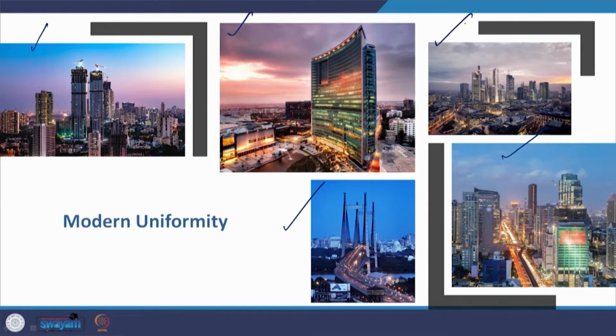If I were to switch the terminology and tell you that this is, let's say, Mumbai, from a different angle, it may not have been so easy for you to identify that. One of the ways I would identify this picture is because I know this building. This is the Commerzbank by Norman Foster, and so I know I am looking at a picture of Frankfurt. But in general, if I were not to even mention the names, you would be hard pressed to identify which city it is, globally or even within India.